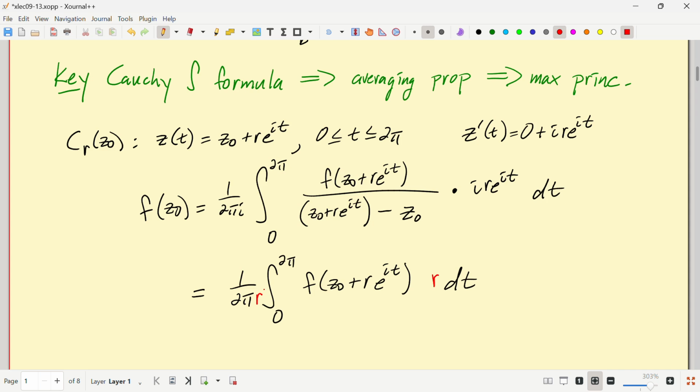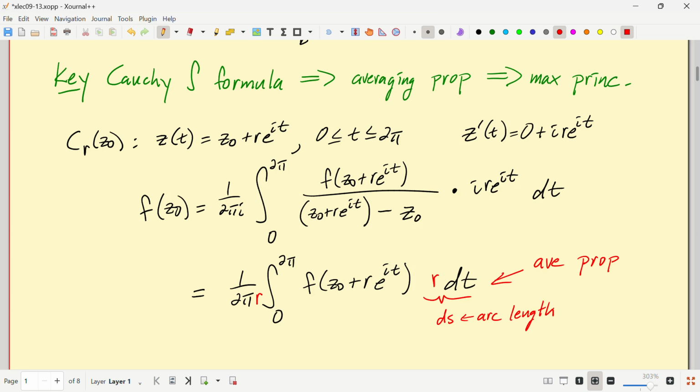So that's an averaging property. But usually I won't put the r's there. This is the ds. This is r d theta. I wish I would use d theta instead of t. But this is ds, arc length. And of course, 2 pi r is the length of the whole circle.